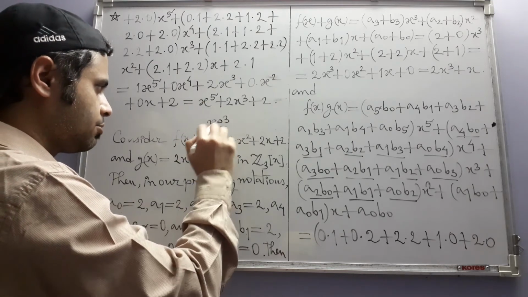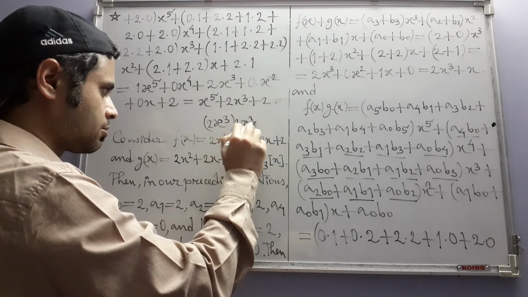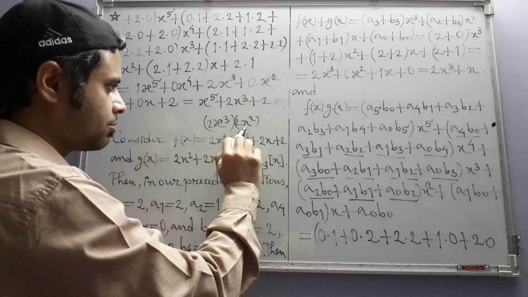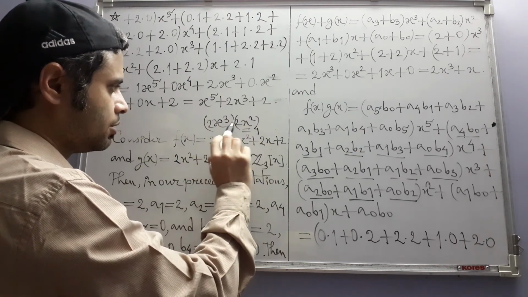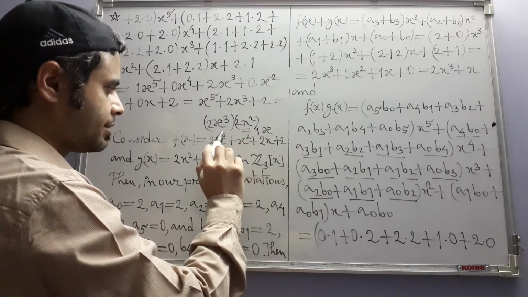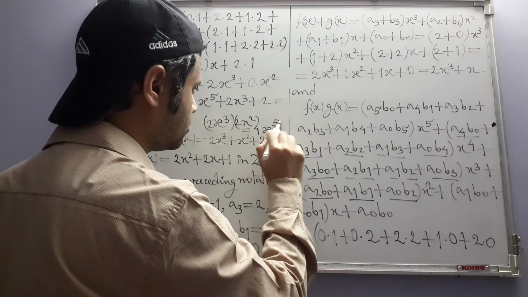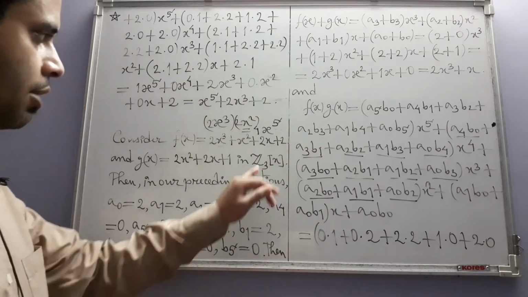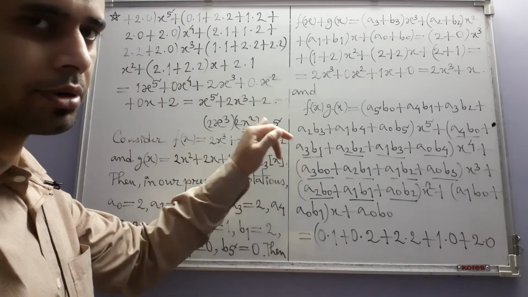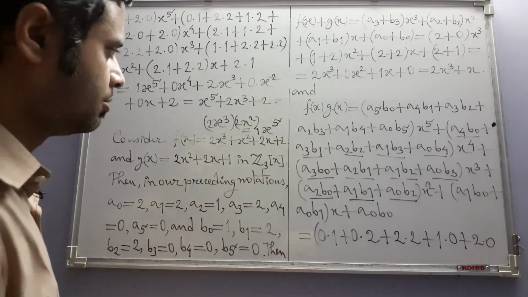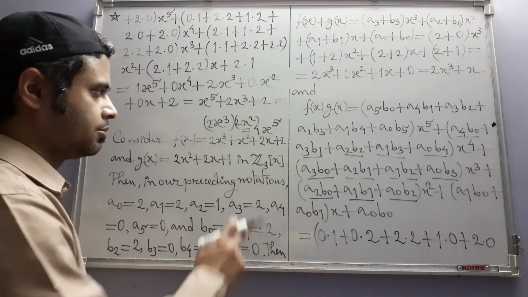When you multiply 2x cube and 2x square, you multiply the coefficients to get 4 and you also multiply x cube and x square using one of the rules of exponent, so you write x to the power 5, x to the power 3 plus 2, and then you collect like terms.